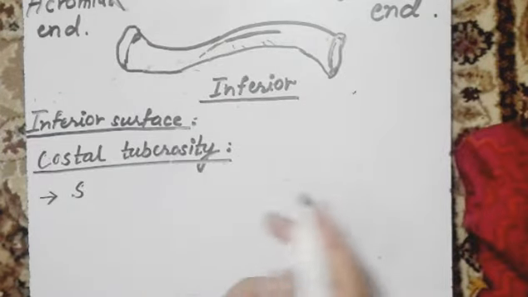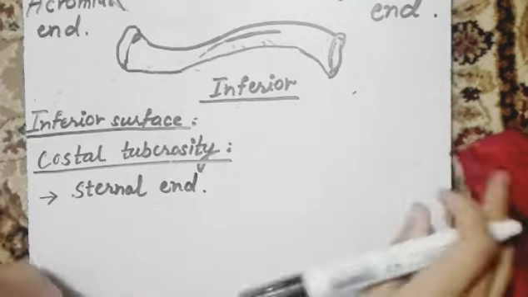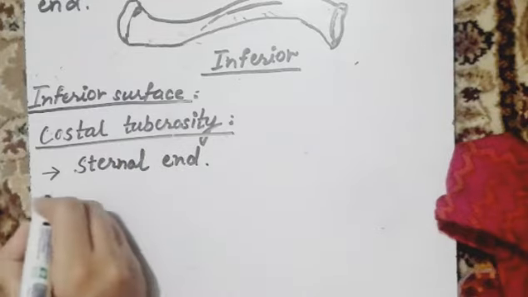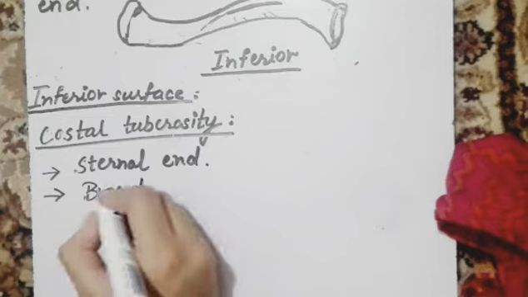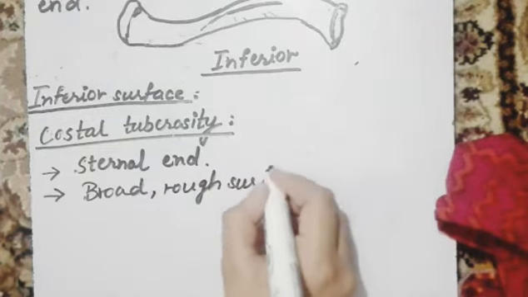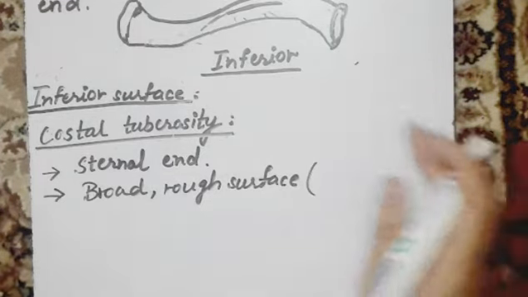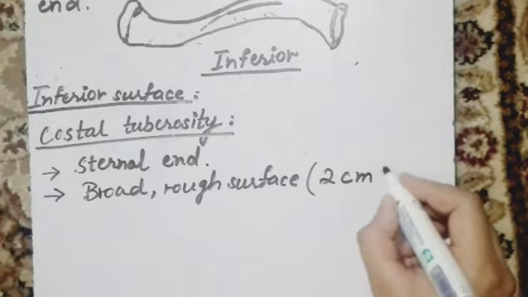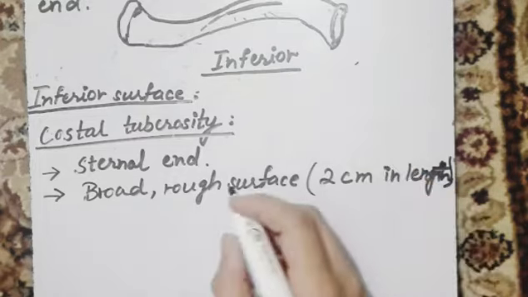Now let's discuss costal tuberosity. It's located at the sternal end of the bone, again the sternal end. It is a broad, rough surface. Remember the difference between costal tuberosity and sternal facet? Costal tuberosity has a broad, rough surface, and it is 2 centimeters in length. It might come in the MCQs.